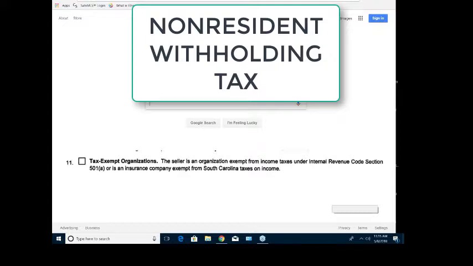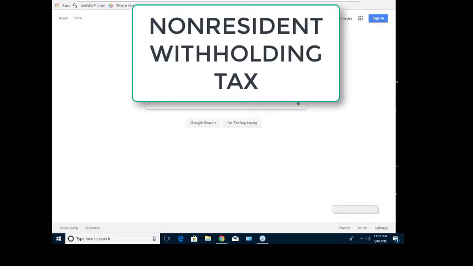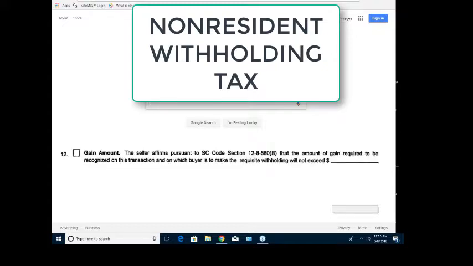The next one that we see mainly when we're dealing with a non-resident is number 12. If the seller does not tell the closing attorney what their gain is, the closing attorney is required to withhold 7% of their proceeds, period.